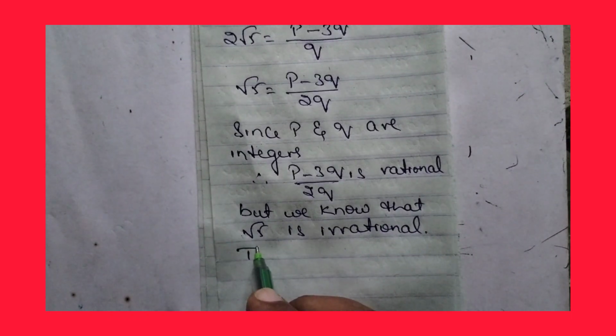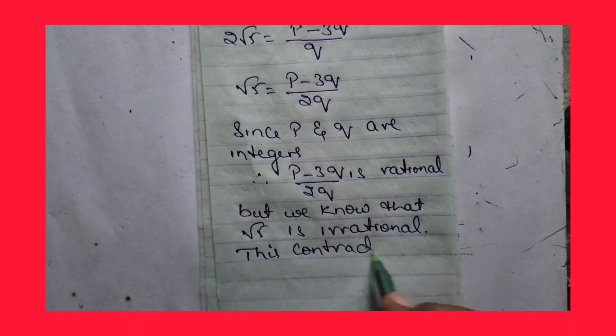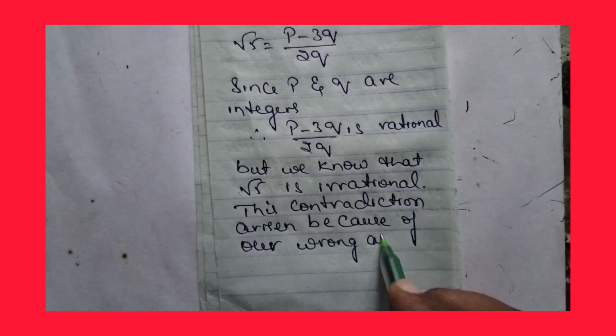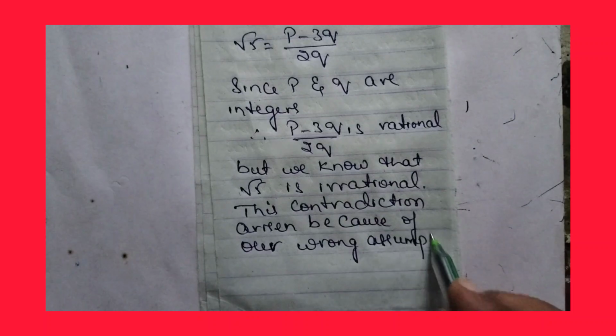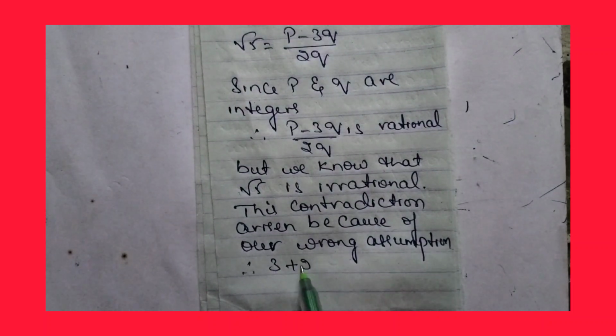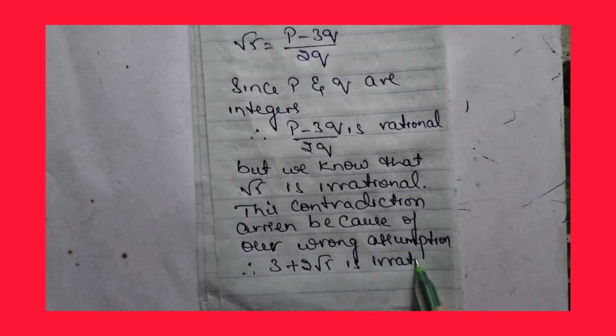This contradiction arisen because of our wrong assumption, therefore 3 plus 2 root 5 is irrational.